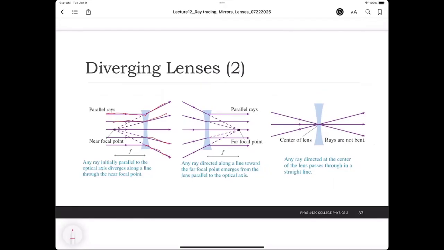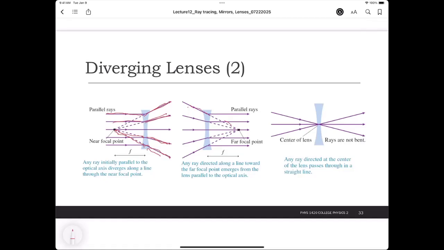If you trace them back together, they converge into the near focal point. The second situation is any ray directed along a line toward the far focal point emerges from the lens parallel to the optical axis.